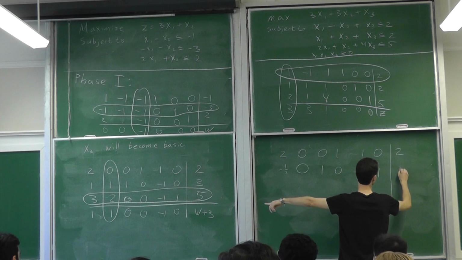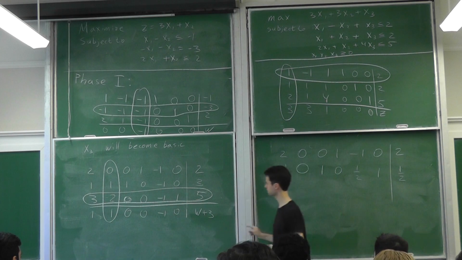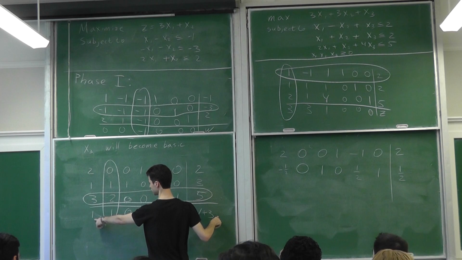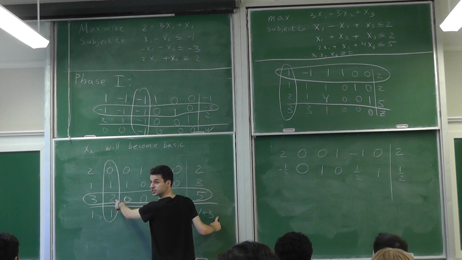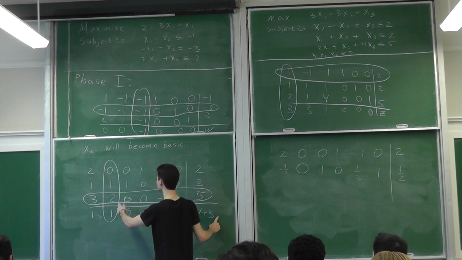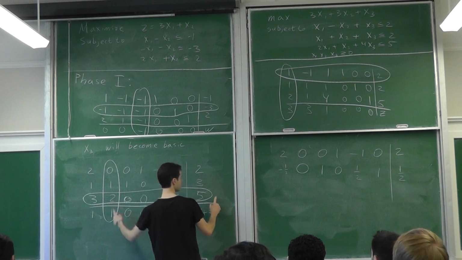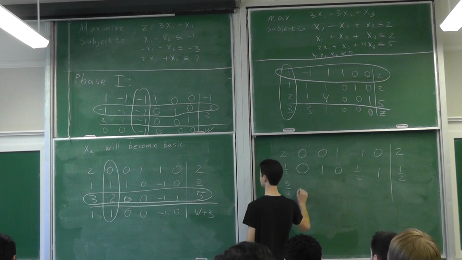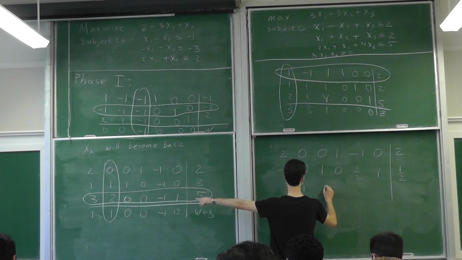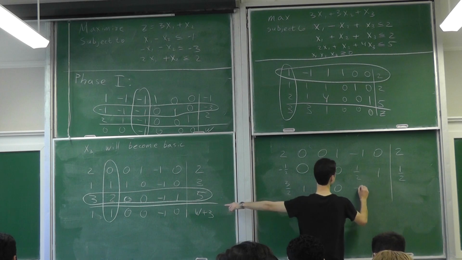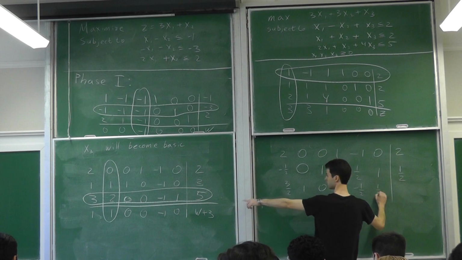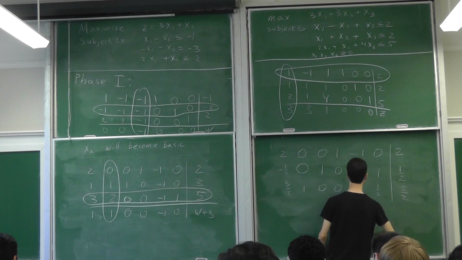It's 1/2. I'll try to make this coefficient 1. So all I have to do is just divide this by 2. This is maybe the easiest one. 0, 0, minus 1/2, 1/2, 5/2.